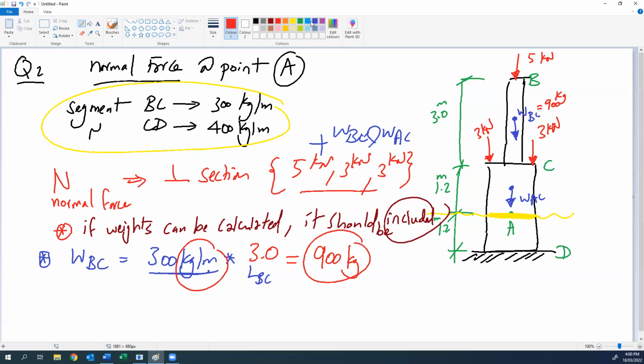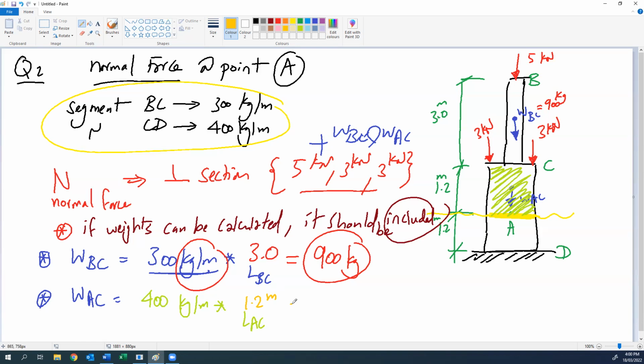Okay, same, we will do the same for member AC. How much is the length of member AC? This light green one? Yes, it will be 400 kilogram per meter multiplied by the length of member AC, which is 1.2 meter.